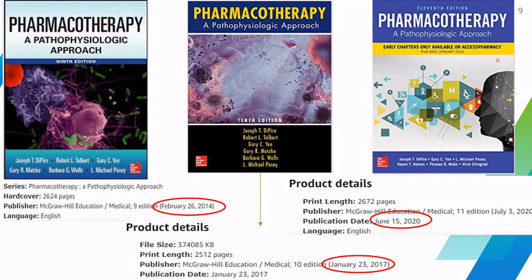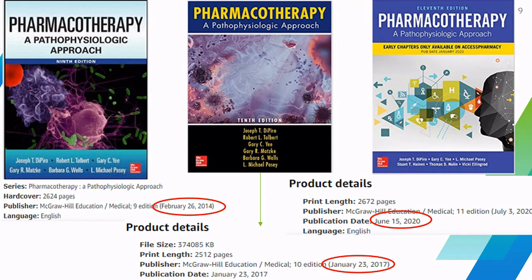Every 3 years a new edition arrives in the market. Now suppose we are living in 2022, will we consider the 11th edition as updated? Of course not. However, please remember that the basic concepts and established facts remain the same. Therefore, as far as our graduate-level studies are concerned, we can refer to the 10th edition without any hesitation.